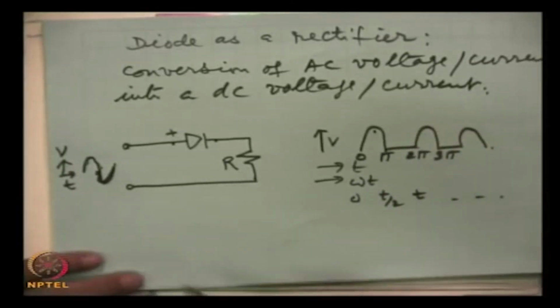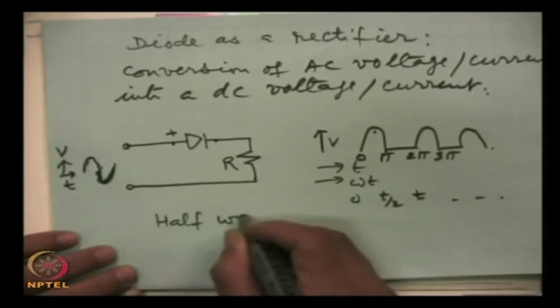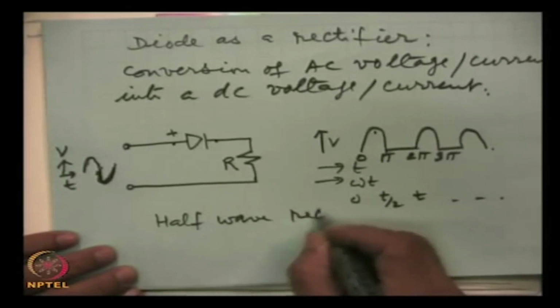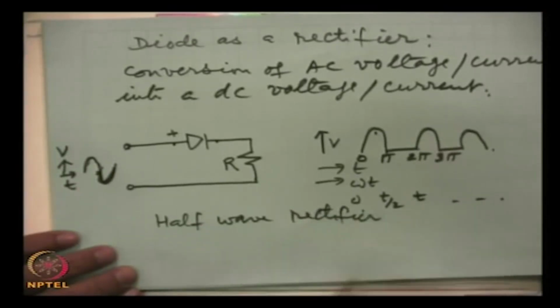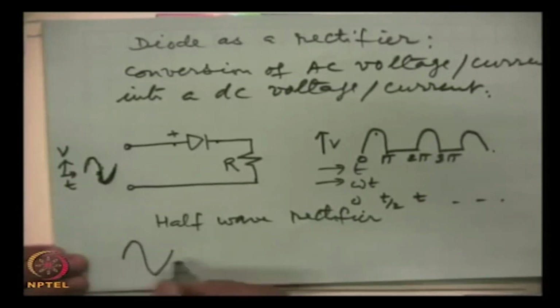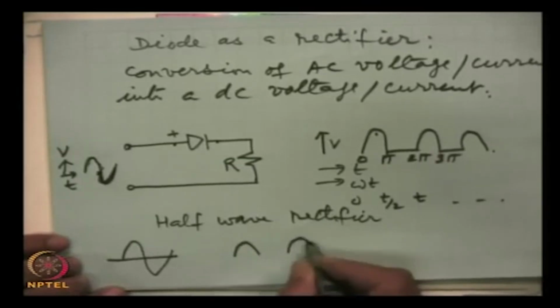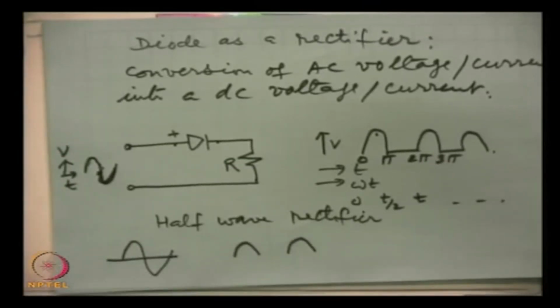This is called half wave rectification, half wave rectifier. Obviously, because out of this complete wave, in the output it is only the half, that is why it is called a half wave rectifier.